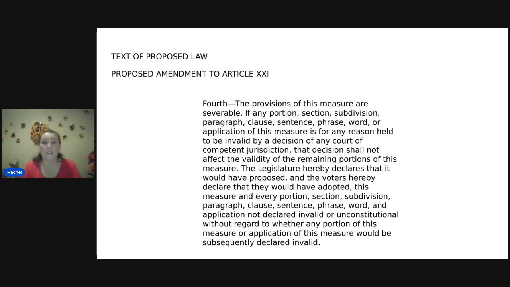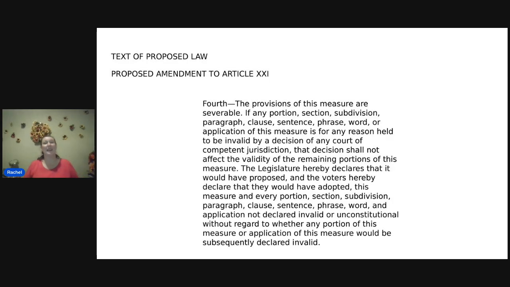So the provisions of this measure are severable. If any portion, section, subdivision, paragraph, clause, sentence, phrase, word, or application of this measure is for any reason held to be invalid by a decision of any court of competent jurisdiction, that decision shall not affect the validity of the remaining portions of this measure.